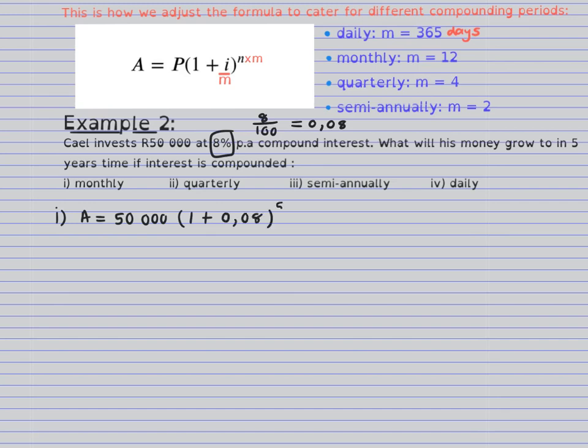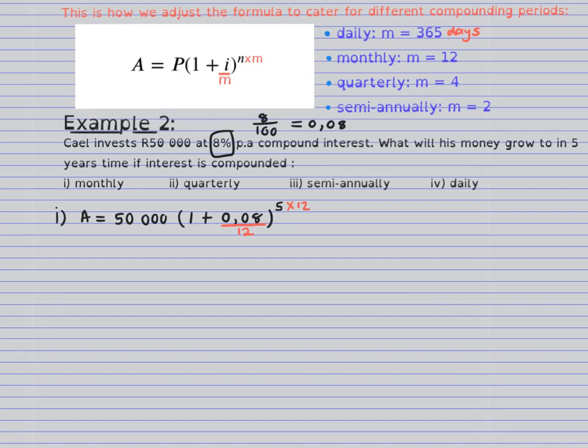So if we were earning interest just once a year per annum, this is how I would leave my question right now. But we are now compounding monthly. So we need to split up that 8% over the 12 months. And you should realize now that I must also then multiply the number of years I'm investing for by 12, right?